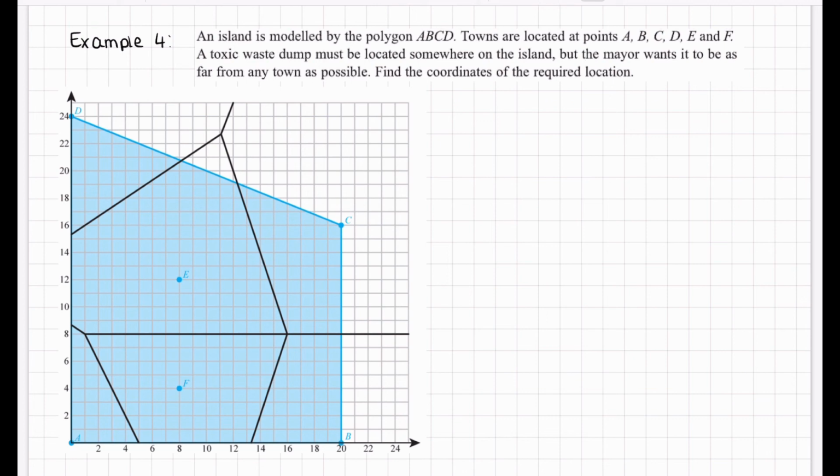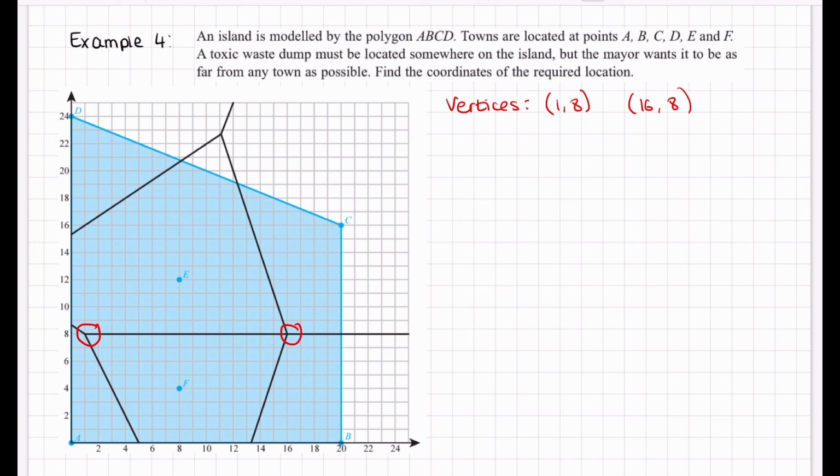What we want to do here is look at the vertices within the area. So the island is the shaded section, so we have two vertices in there, these two circled points here. So our vertices are at (1, 8) and (16, 8). So these are the two possible sites. Once we've located the vertices, we then need to find the distance of each vertex to one of the neighbouring sites.